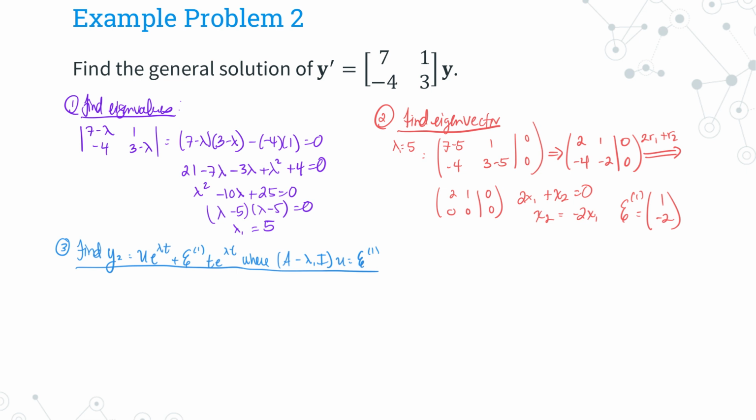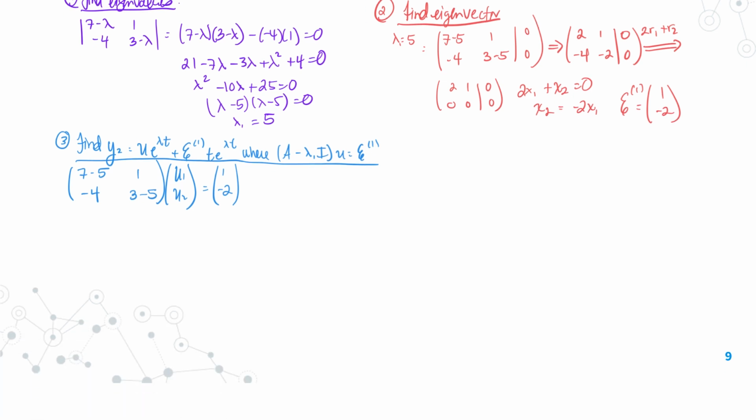So A minus lambda I is going to give us our A matrix minus 5 on the diagonals. So we're going to find 7 minus 5, -4, 1, and 3 minus 5. And it's all times u1, u2, and it's going to equal our eigenvector, which is 1, -2.